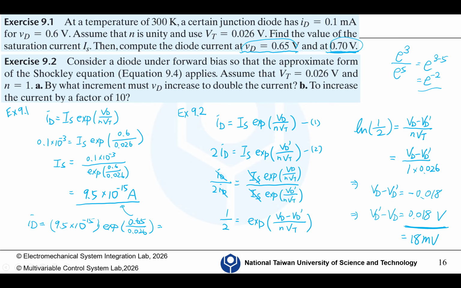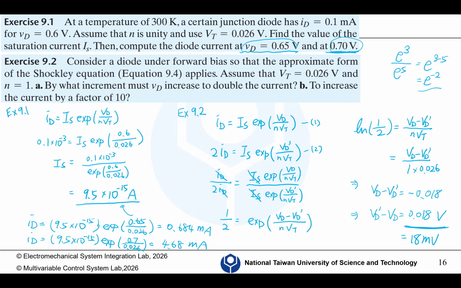I will just write down the answer. The answer should be 0.684 milliamp. And then the ID at 0.7 volts is calculated like this: exponential of 0.7 over 0.026, which gives 4.68 milliamp.